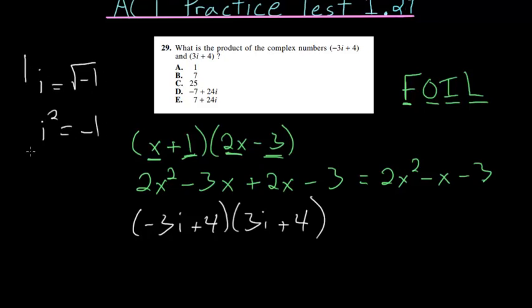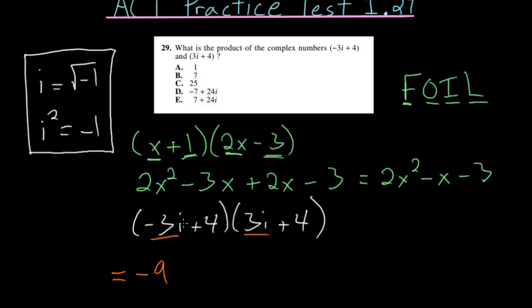So this will come in handy as we work through the multiplication. So we want to use FOIL here, so we'll multiply the first terms together. So minus 3i times 3i. So we'll multiply the coefficients together. The minus 3 times 3 is just minus 9. And then i times i is just i squared. Okay, and I'll leave it as it is for now.